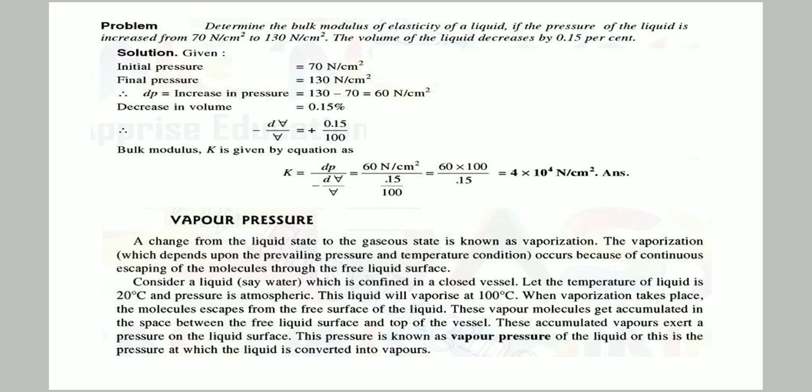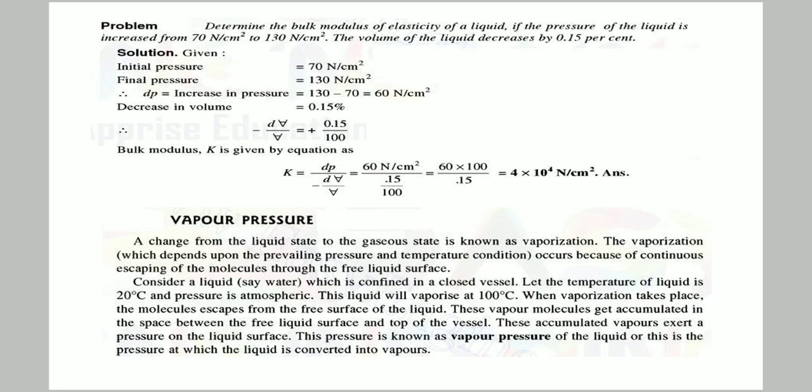So, consider a liquid, let us say water, which is confined in a closed vessel. Let the temperature of the liquid be 20 degrees Celsius and the pressure atmospheric pressure. Now, the liquid will vaporize at 100 degrees Celsius as it's the boiling point, and when vaporization takes place, the molecules escape from the free surface of the liquid.